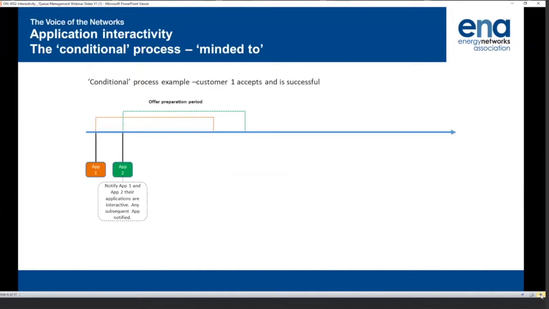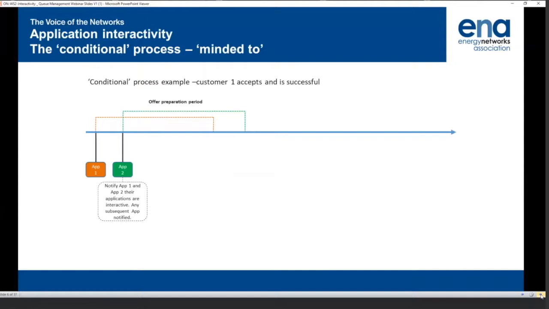As soon as application 2 has come in, the network company has assessed the 2 applications, believes they're going to be interactive, and writes to both customers, for application 1 and application 2, notifying them that they're going to be interactive. Any subsequent applications will also be notified that they're likely to be interactive.